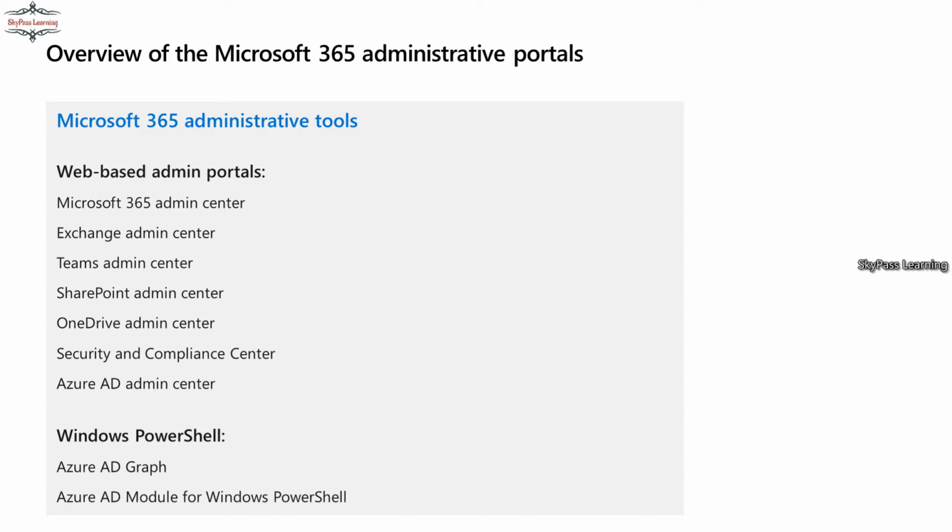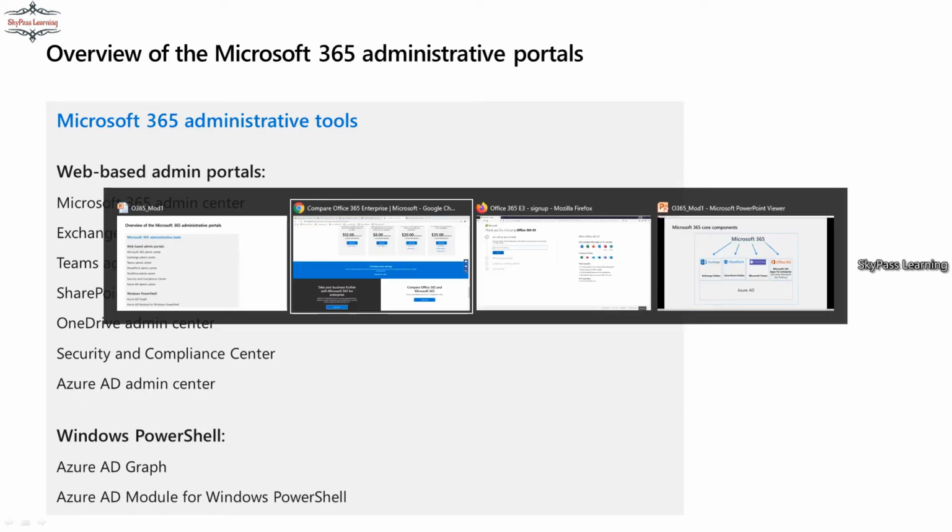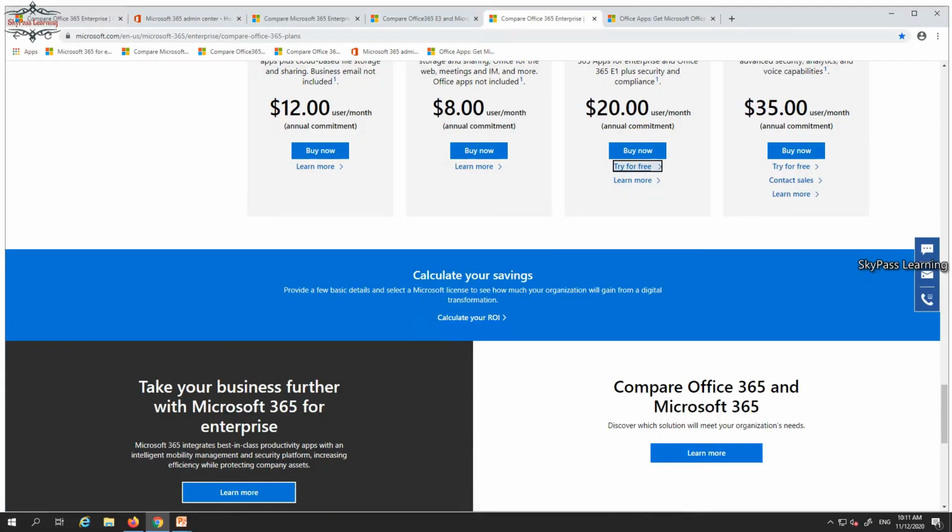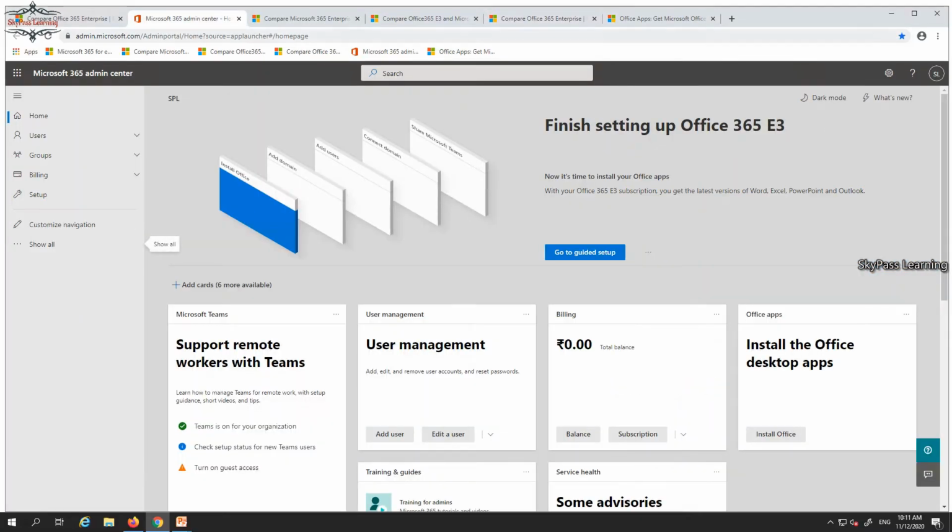So when we are signed up and move to the location, you will get the administrative portal. The administrator portal looks like this. Okay, so it will show like this, the Office 365 Admin Center. This is the initial view when you've logged in as a global administrator.